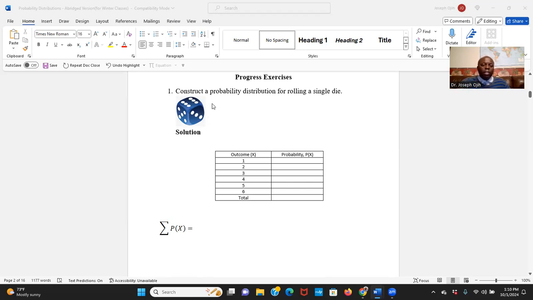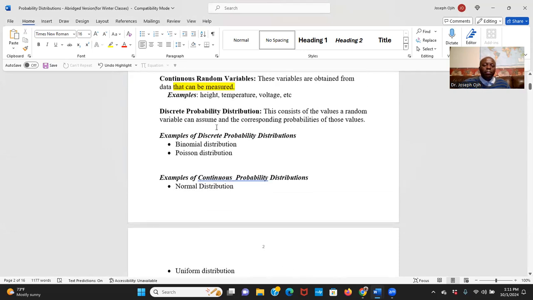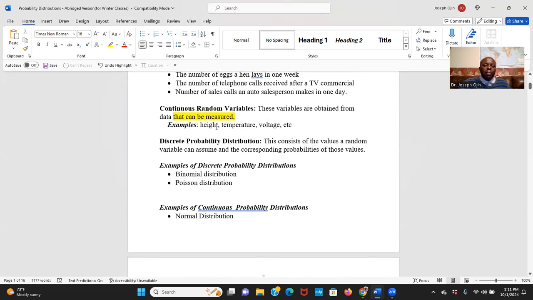Now, this question says, construct a probability distribution for rolling a single dice. Of course, you know how a dice looks. To answer this question, remember that a probability distribution simply means the values a random variable can take and the corresponding probabilities of those values.